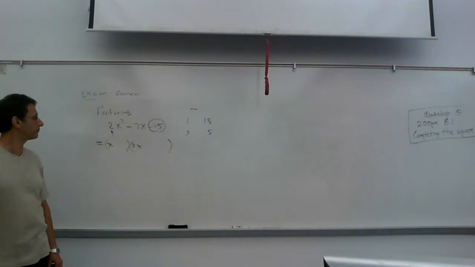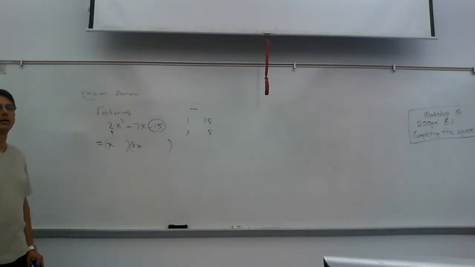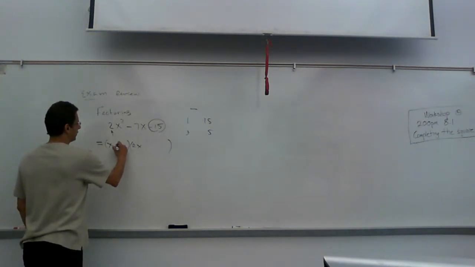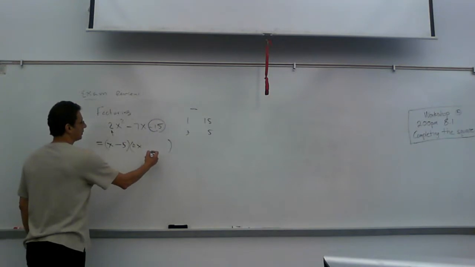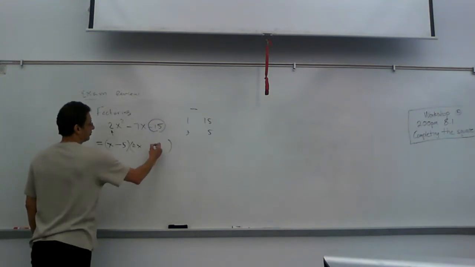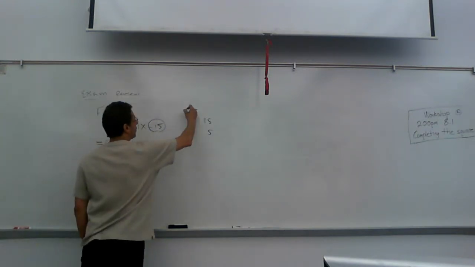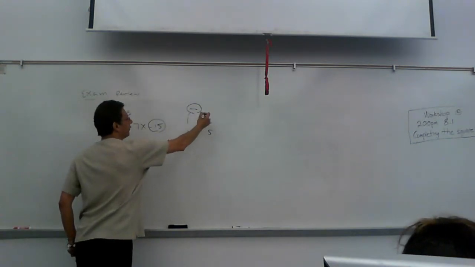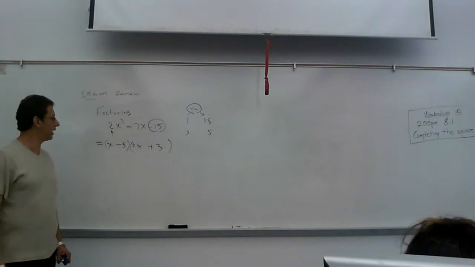Anything works? Say it again. -5 here. And what? +3. Of course, remember what I put here. Negative sign meaning I got to give it only to one of them in order to see. Do you see that?